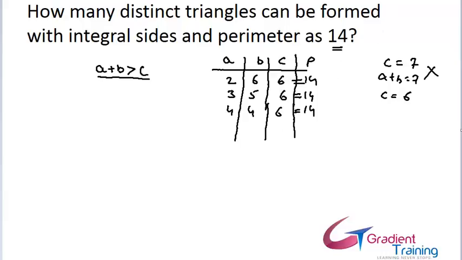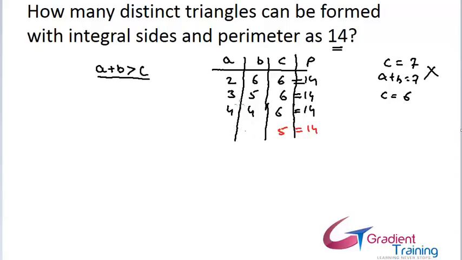Now let us consider the longest side as 5, 1 less than 6, and therefore the sum of A and B should be 9, so that 9 plus 5 again results in 14. In how many ways can we get 9? 1, 8 and 2, 7 are out of the question. 3, 6 is possible, so 3, 6, 5 we can write.